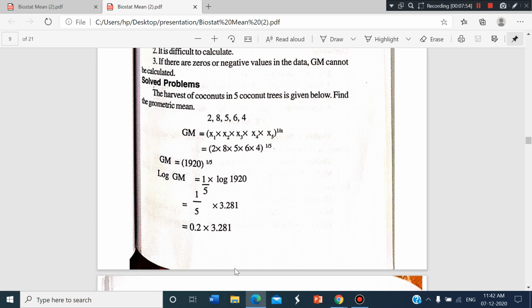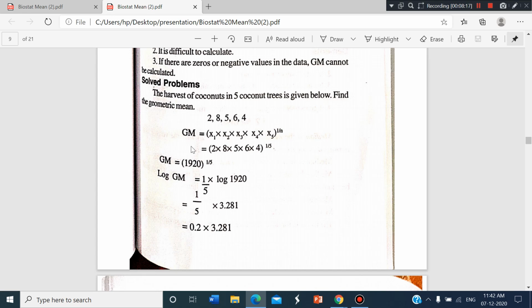So the formula for geometric mean: these are the values x1, x2, x3, x4, and x5. GM equals (x1 into x2 into x3 into x4 into x5) whole raised to 1 upon n.